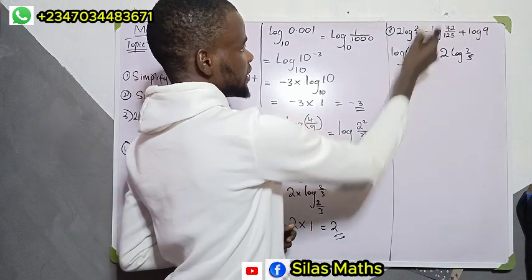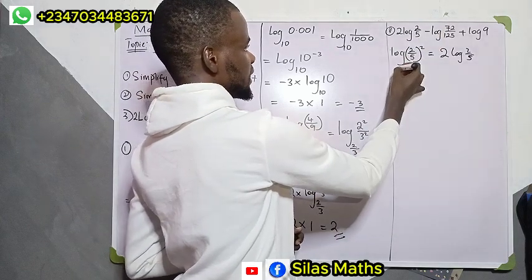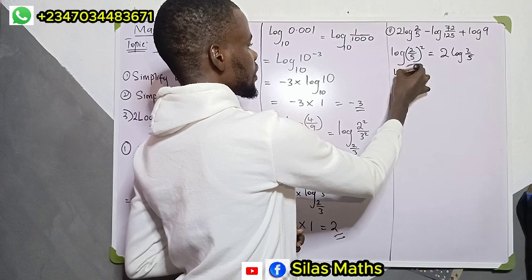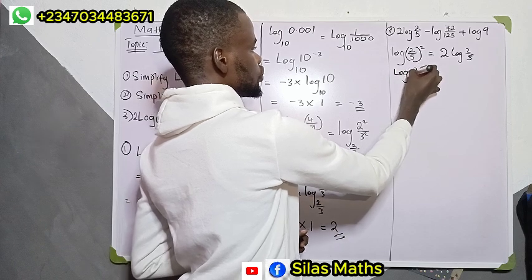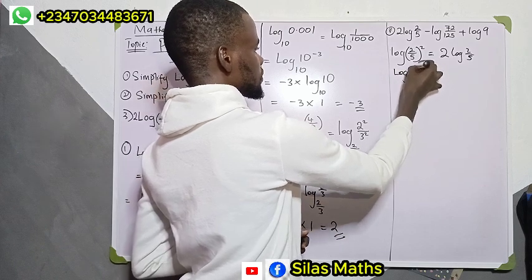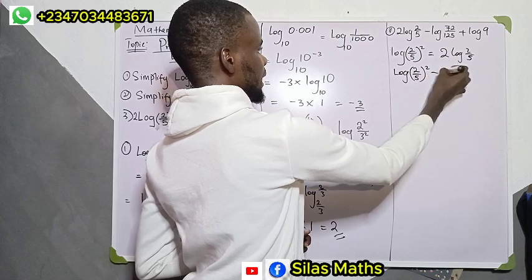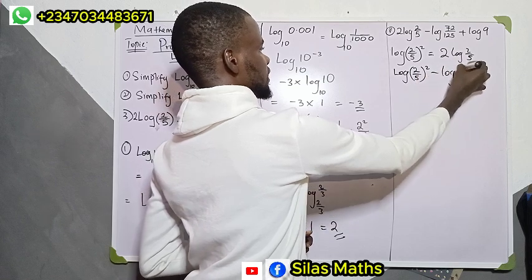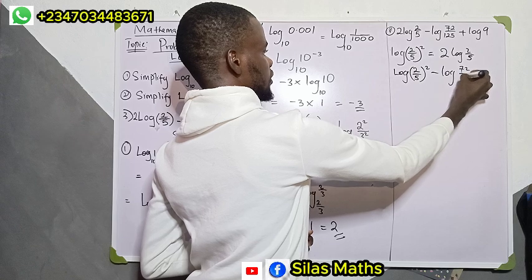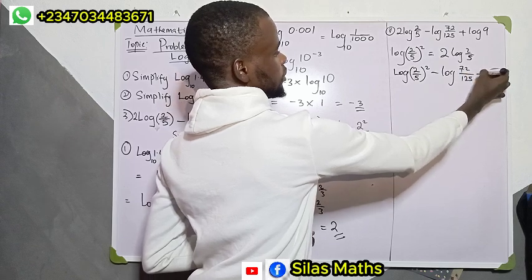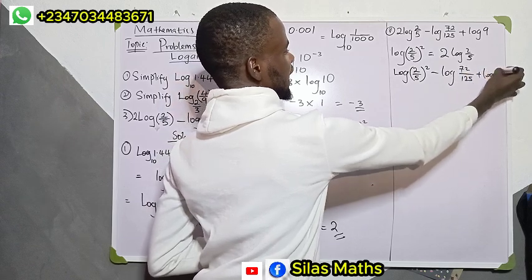So simplifying further, we will have log 2 over 5 all to the power of 2 minus log 72 over 125 plus log 9.